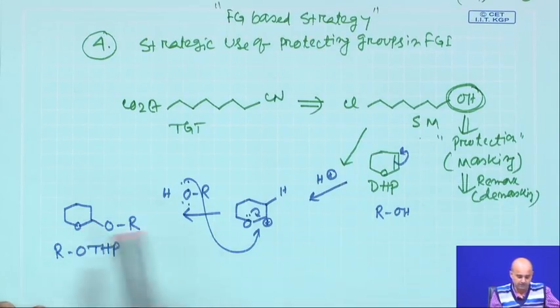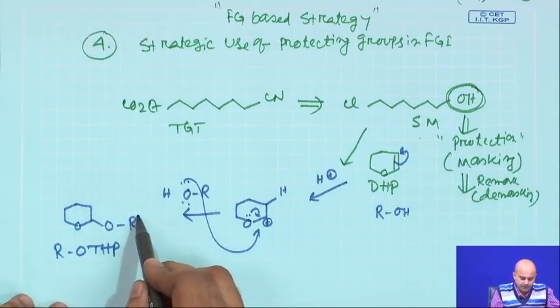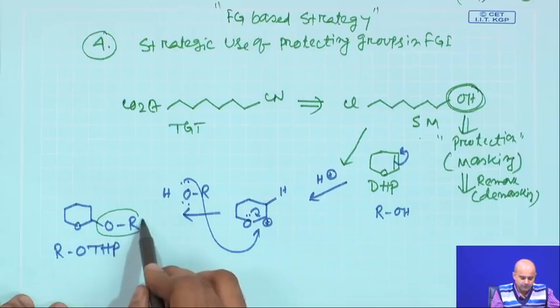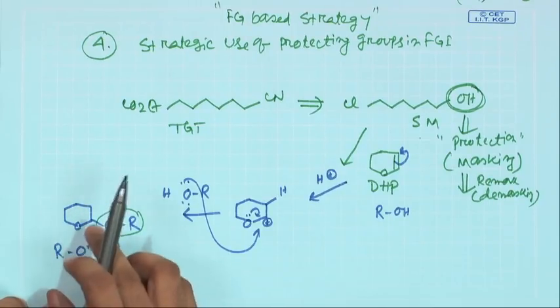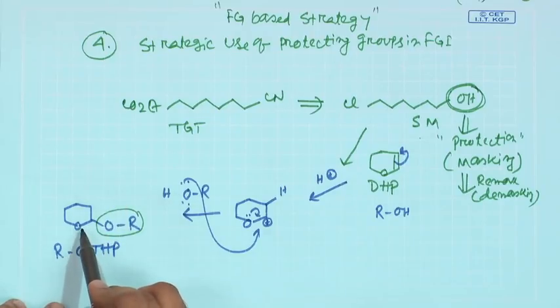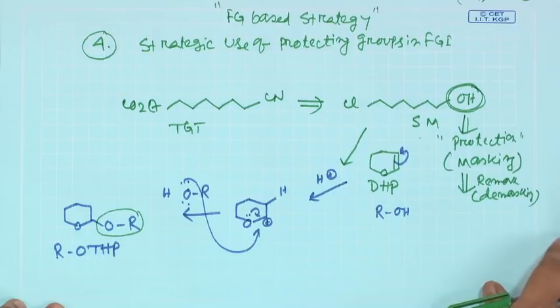Your free alcohol is now masked, and this compound is normally inert under certain conditions. Definitely it will be cleaved under acidic condition. We will talk about some other aspects of protecting groups, but before that we try to solve this problem which was given to us.